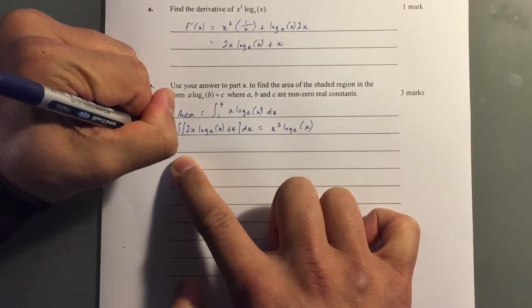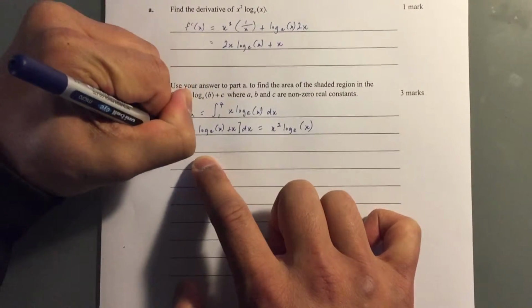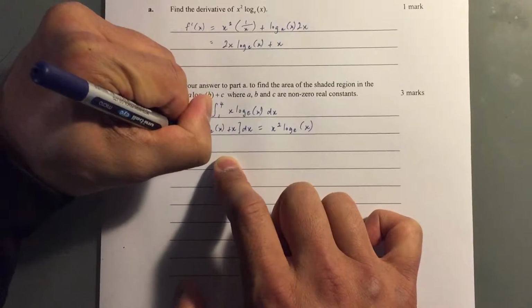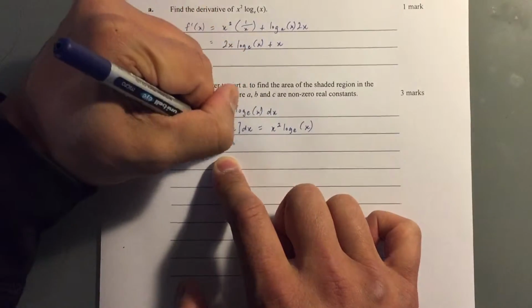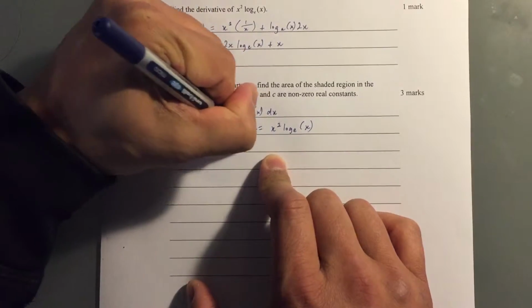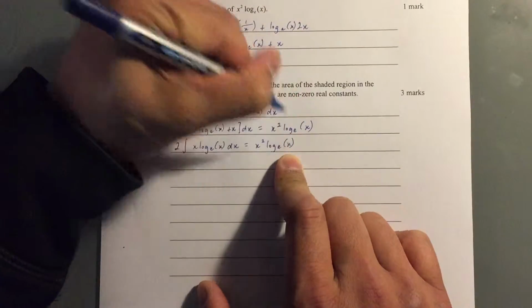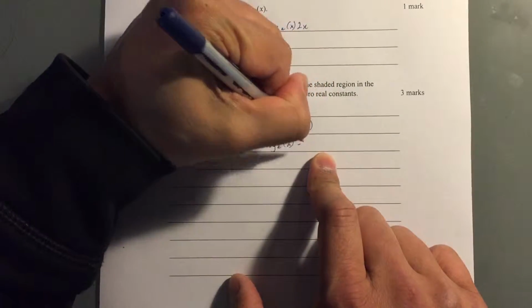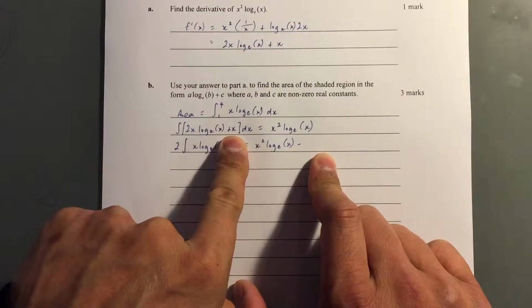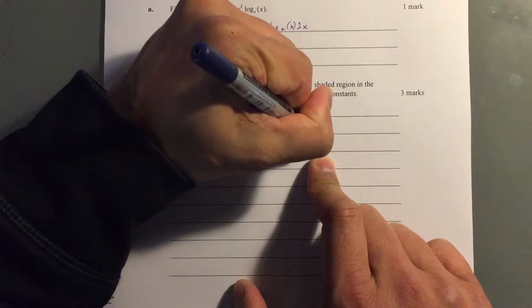Anytime I have a constant, I try to take it out. So 2 lots of the integral of x log e of x dx is equal to x squared log e of x minus the integral of x.